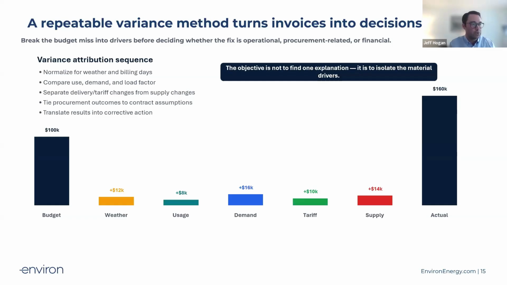The actual invoice total is 160. But if we follow a repeatable process that looks at these individual cost components, we can understand what was the thing that really drove this increase. And across this simplistic example, it was a little bit of everything. But by doing so, it allows you to explain why an invoice came in $60,000 above what we budgeted for. And we can normalize for weather. We can understand the usage patterns.